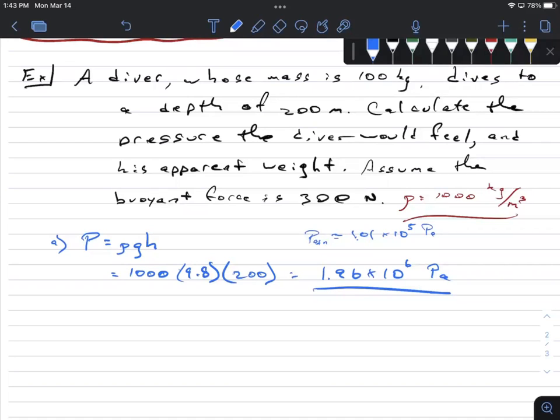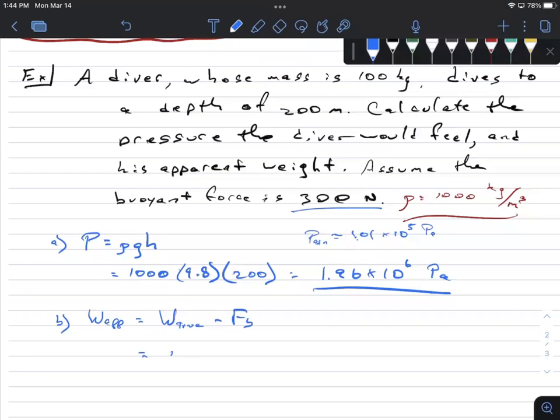All right, part B. We want to know, how heavy would the person feel while they're at this depth? And we're told, because we don't yet know how to calculate the buoyant force, to just assume the buoyant force is this number. All right, well, I know the apparent weight is the true weight minus the buoyant force.